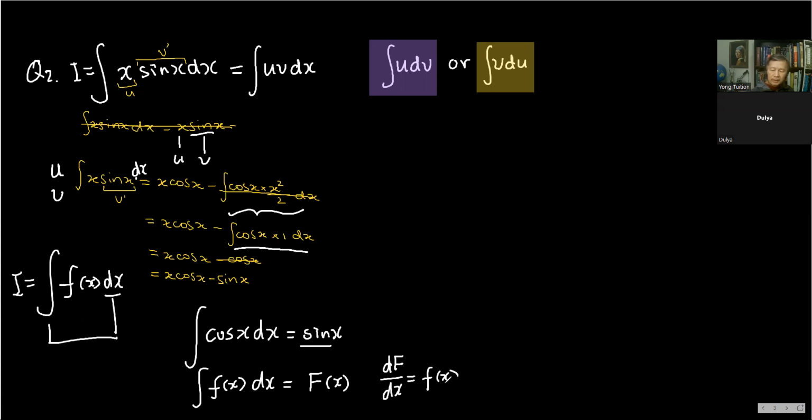This is called the fundamental theorem of integration. Do you remember? Yes. So that's why if you're not sure about the sign here or any constant here, you just do the first derivative. Can you see?